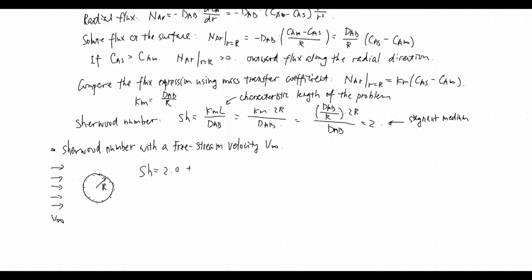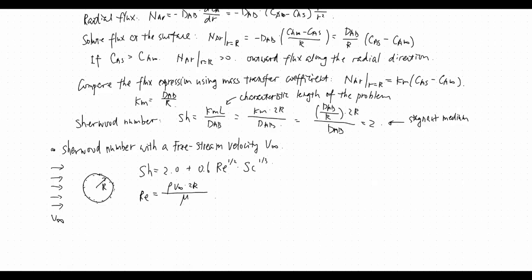The correction term reads as this: 0.6 multiplied by the Reynolds number to the power of 1/2, and the Schmidt number to the power of 1/3. The Reynolds number, you have heard about it. This will be the density of the medium, the infinite velocity of the medium, and 2R, the diameter of the sphere, divided by the dynamic viscosity of the medium.